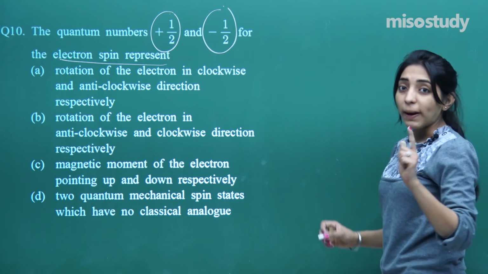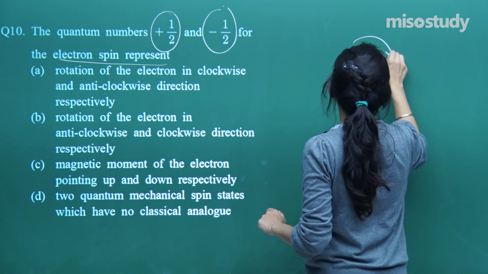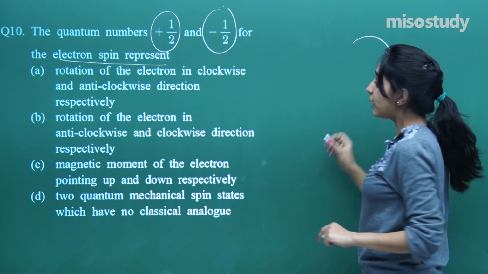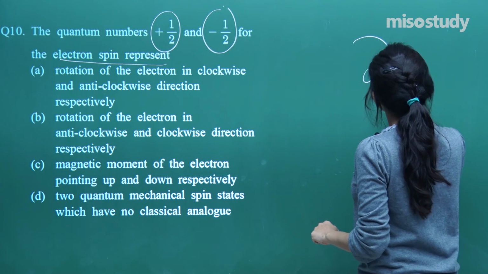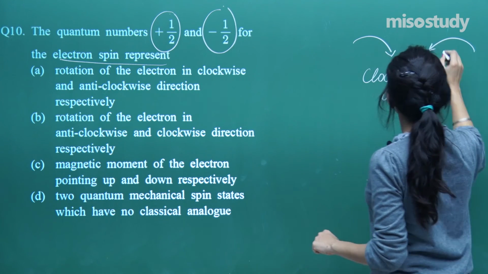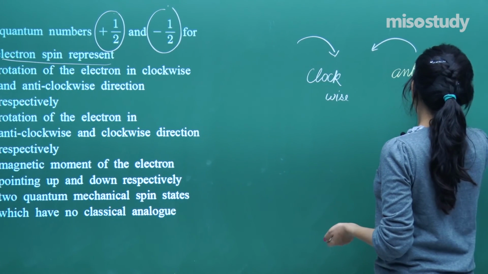By the way, you know one more thing, right? We generally say that the electron can spin in the clockwise direction as well as the electron can spin in the anti-clockwise direction.